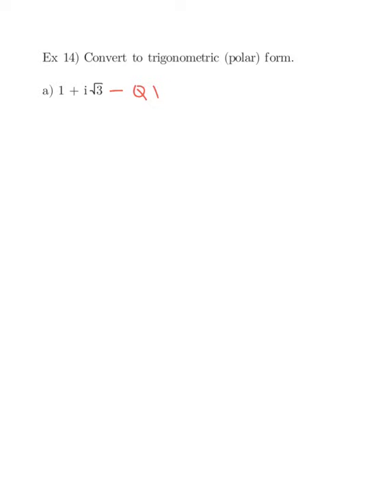Now, the x is the real part, so the x is the 1. The y is the number in the imaginary part, so it's the square root of 3. Now that we know what x and y equal, we can find r, because r equals the square root of x squared plus y squared.